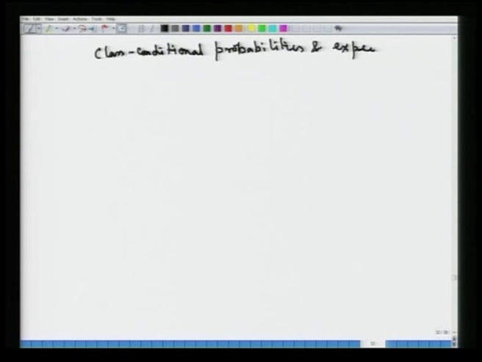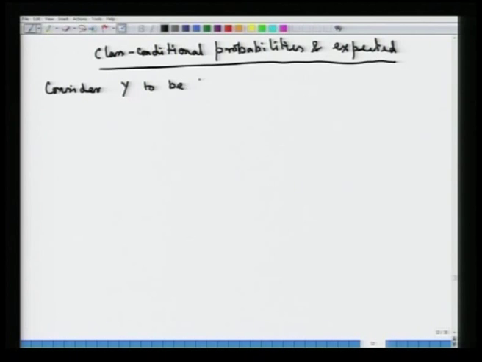What is the relationship between these, and how do we get the name logistic discrimination? For simplicity, consider a 2 class problem. Consider y, a variable, to be binary, say taking values 0 and 1. This corresponds to the 2 class problem.